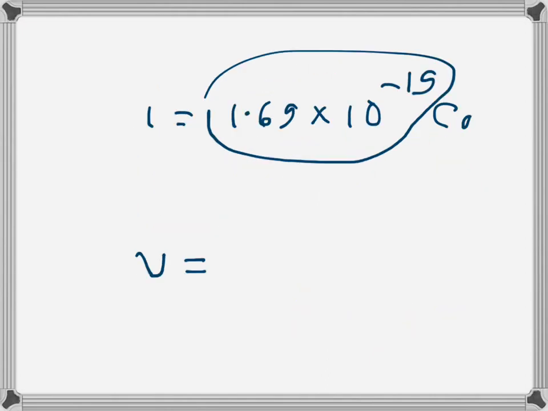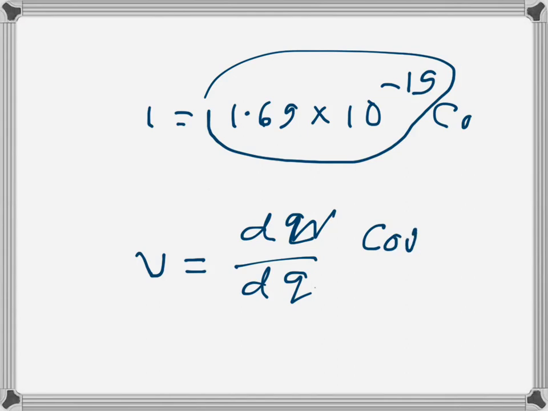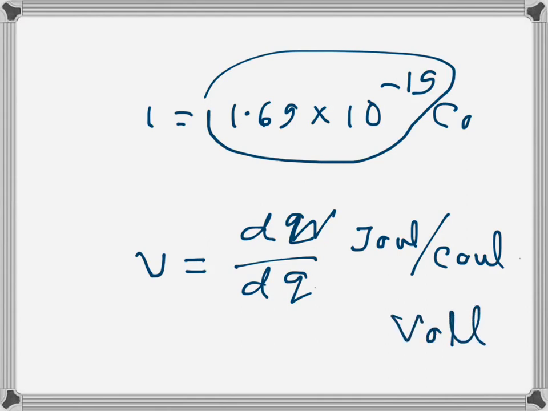So this is dW over dq we can write, and the unit is, since this is coulomb, and this one is joule, the work done, so joule over coulomb, that's the unit of voltage, which is also volt.